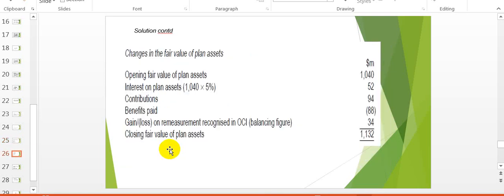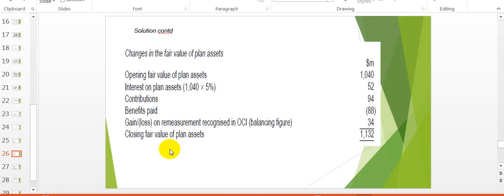We do the same thing for the planned asset. The opening balance 1,040, the interest on the planned assets 1,040 times 5% gives us 52. The contribution 94, and again the benefit paid, which is reducing our investment.